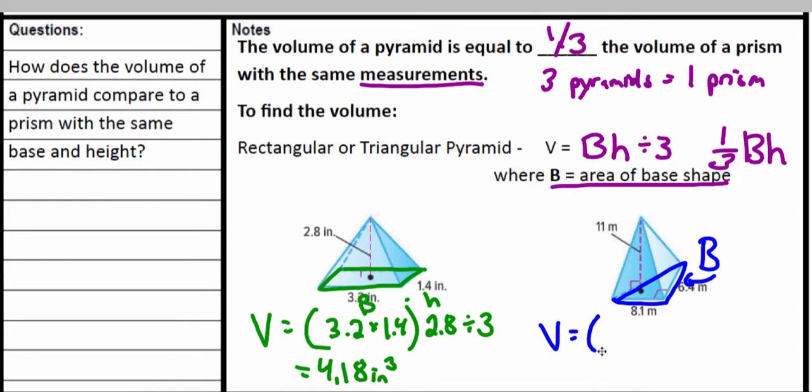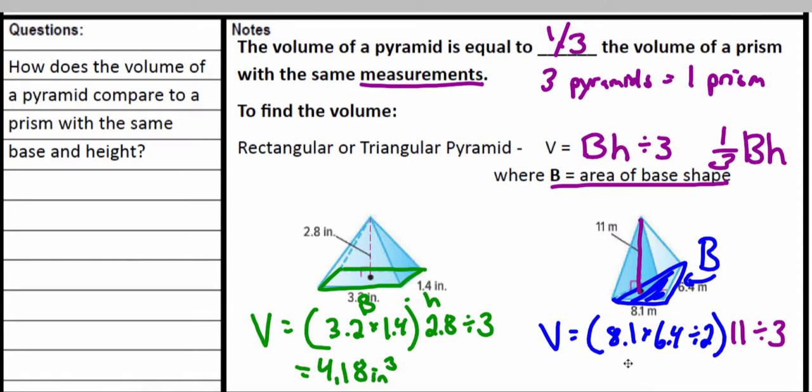So my volume is the area of the base, 8.1 times 6.4, but it's a triangular base, so I have to divide by 2. So I find the area of this base shape. Then I multiply times my height, my distance going up, that's 11, and then because it's a pyramid, it's only going to be 1/3 of it, since we're missing a lot of that shape.